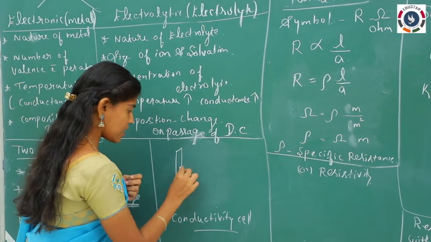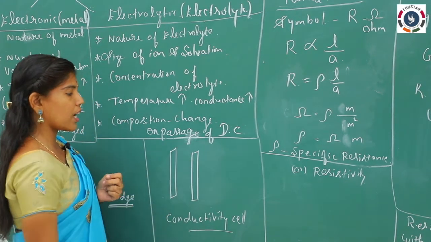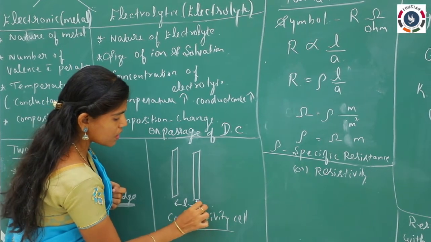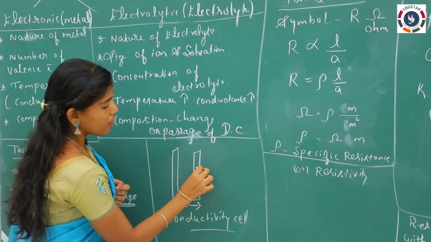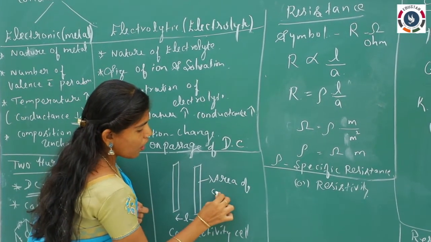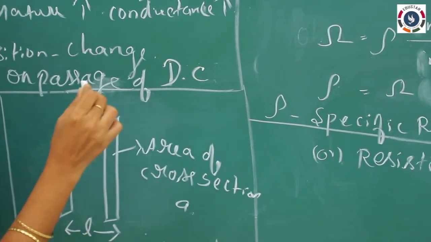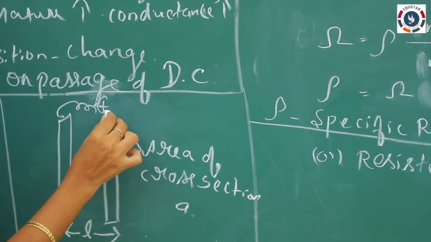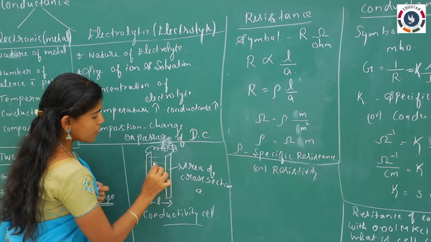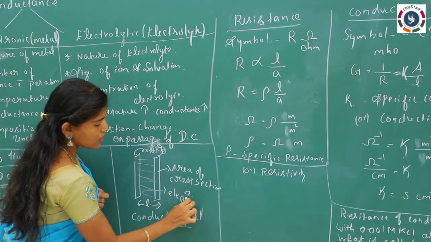Consider a pair of charged electrodes. The two charged electrodes are separated by a distance of L, and the electrodes have an area of cross section A. These electrodes are connected to the positive and the negative terminal, and the space between them is filled with electrolyte.